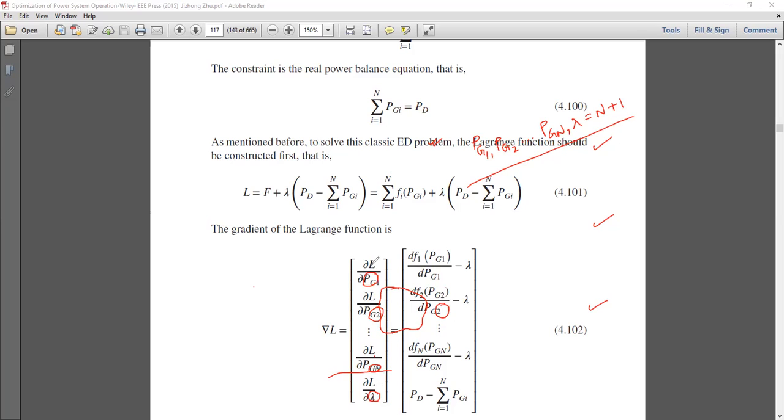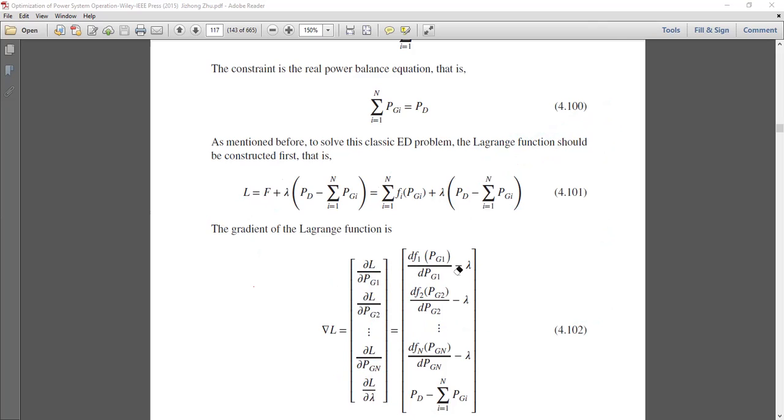You are taking the partial derivative of L with respect to n number of PGs, but there is another unknown left that is taken care of at this point of your calculation. So this is the total gradient. N plus 1 gradients are to be calculated because there are n plus 1 unknowns.